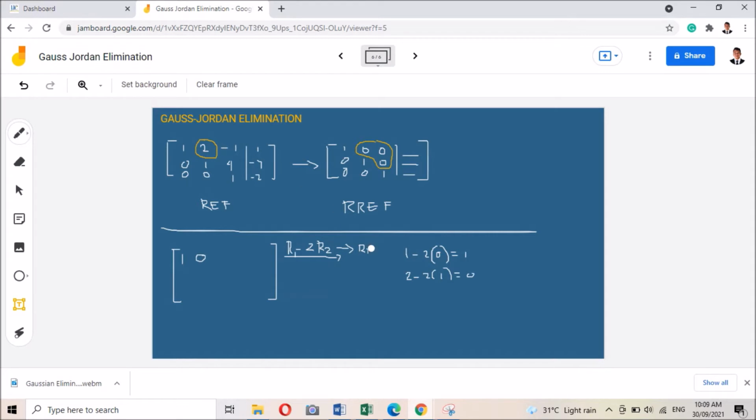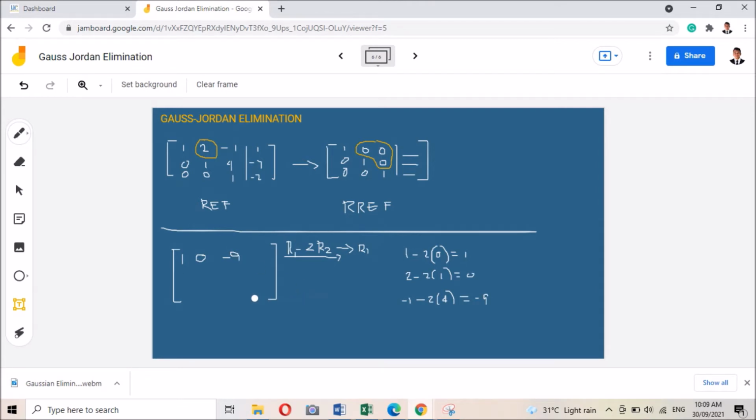And then negative 1 minus 2 times 4 in R2 will give us negative 9. So we'll put here negative 9.